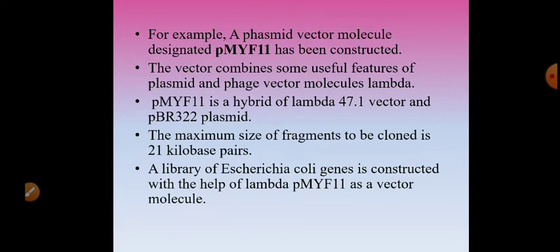Say for example, a phasemid vector molecule designated as pMYF11 has been constructed. This vector combines useful features of plasmid and phage vector lambda. Okay, pMYF11 is a hybrid of lambda 47.1 vector and pBR322 plasmid.